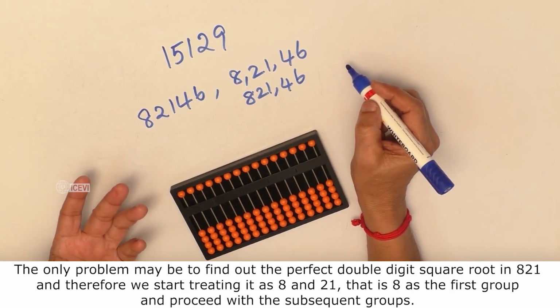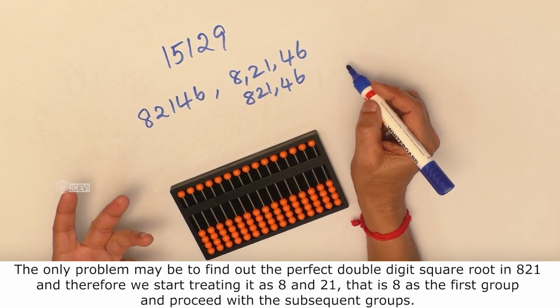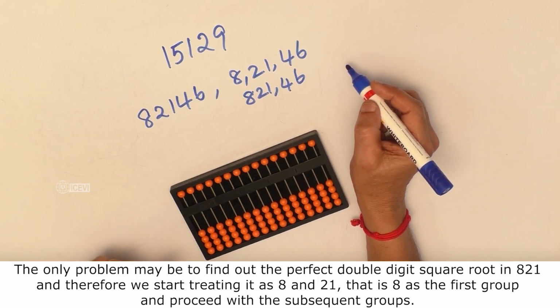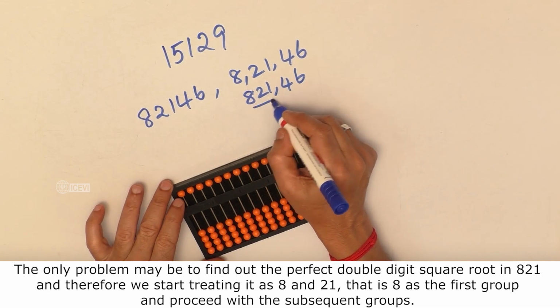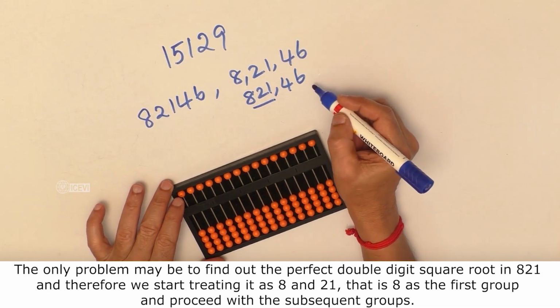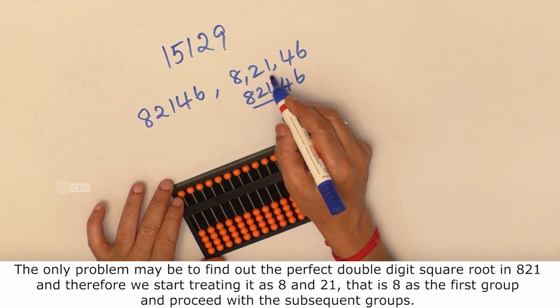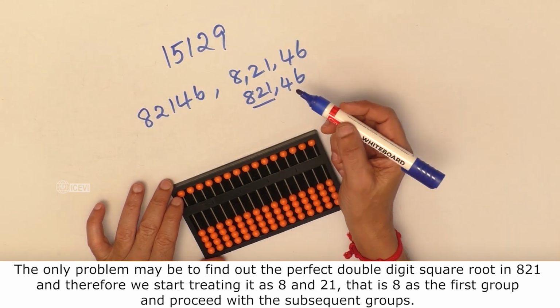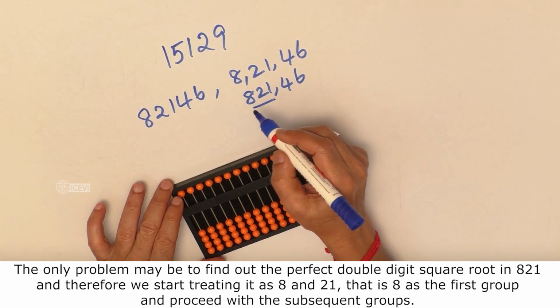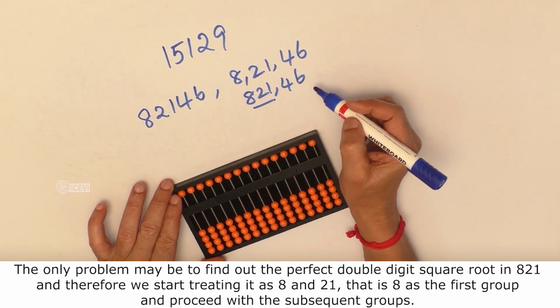The only problem may be to find out the perfect double-digit square roots in 821, and therefore we start treating this as 8 and 21, that is 8 as the first group, and proceed with the subsequent groups.